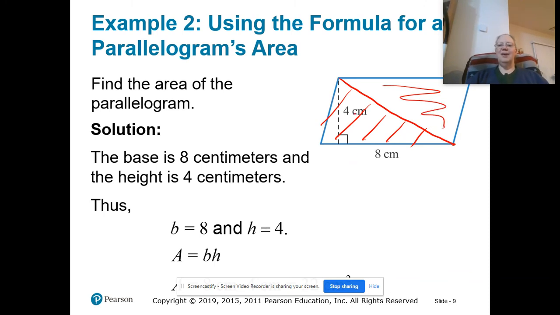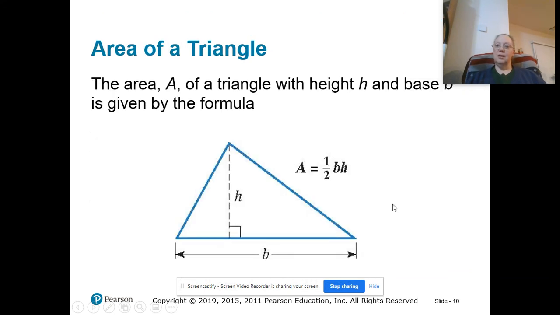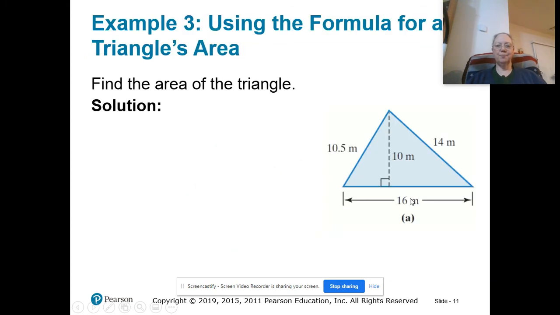If I wanted to find the area of this triangle, notice it is half of the parallelogram. This triangle is also half of the parallelogram. So that's where our formula comes from for area of a triangle, 1/2 base times height. Remember, base times height was a parallelogram, and I'm just taking half of it.